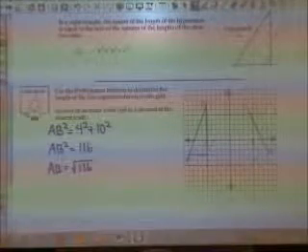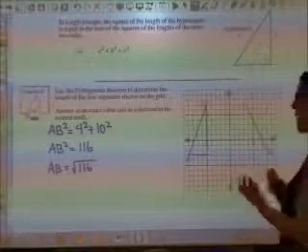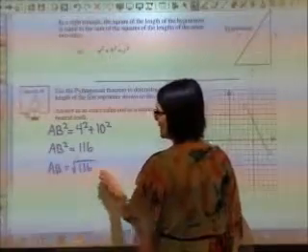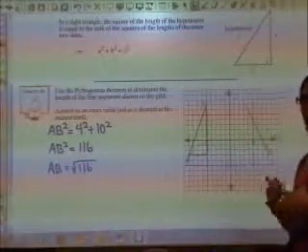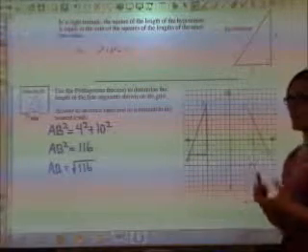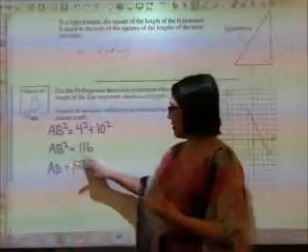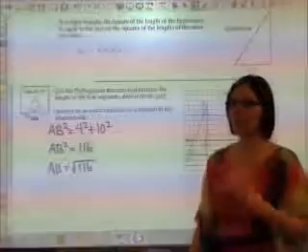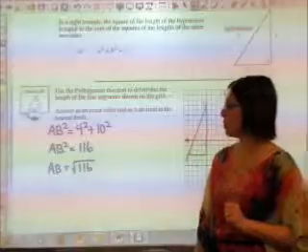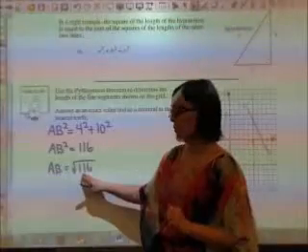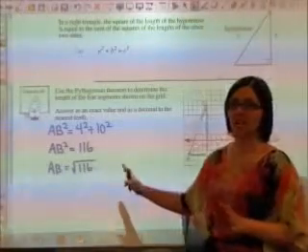What I would then want to do is ask the question, does 116 contain one of those perfect square factors? Can I divide it by 4 or 9 or 16, etc.? Well, if the last two digits can be divided by 4, the whole thing can be divided by 4. And the only other thing I want to double check, can I divide this by 16?